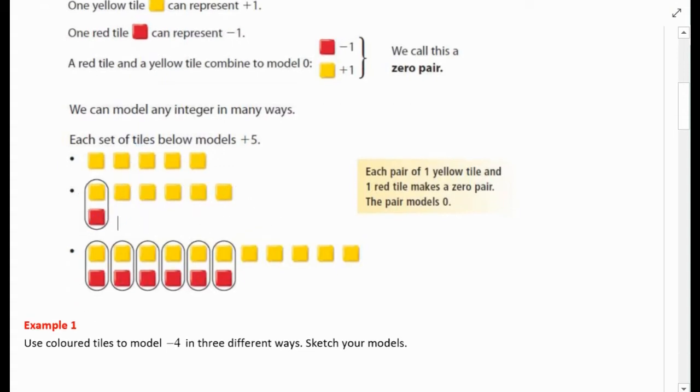Also, we can introduce more 0 pairs. So now I have 1, 2, 3, 4, 5, 6 0 pairs. So 0 pairs do nothing. So this is just 0 and 1, 2, 3, 4, 5 positive tiles. Positive 5. Okay?